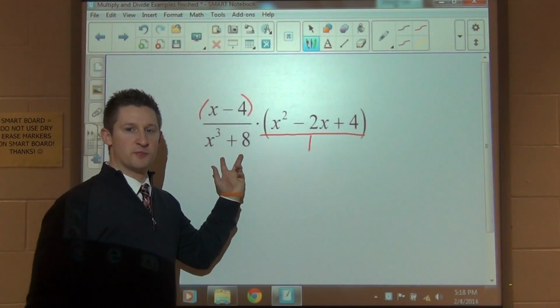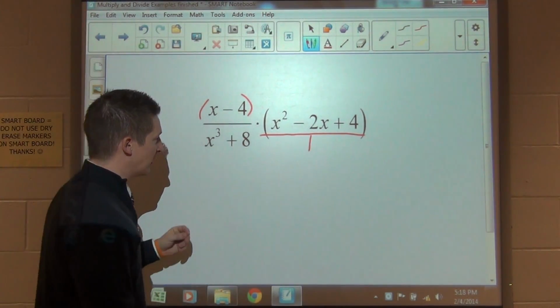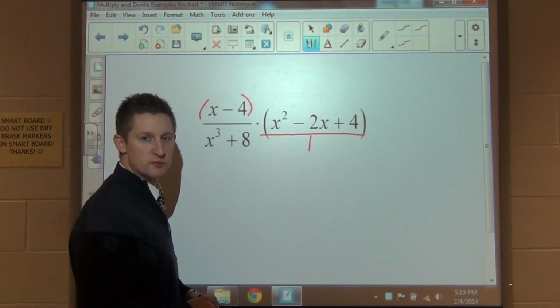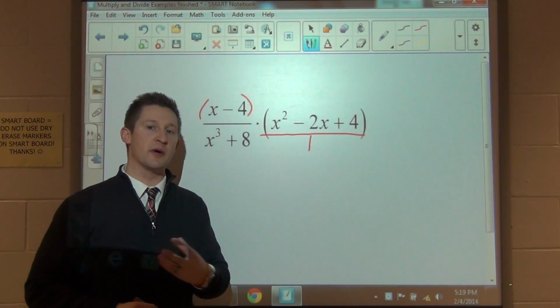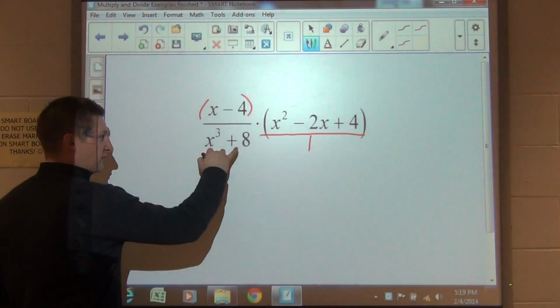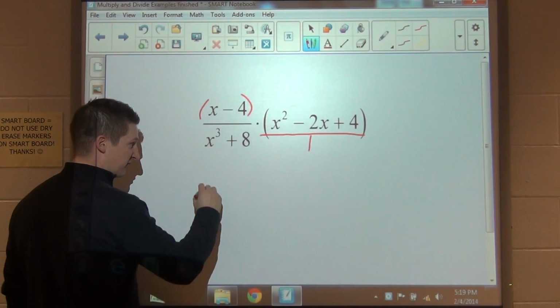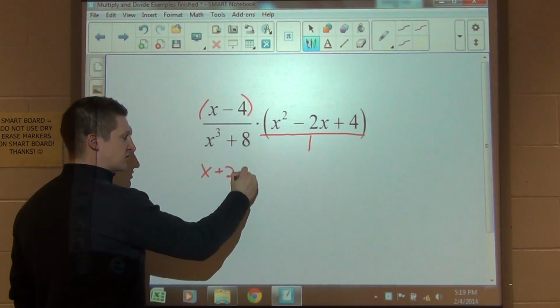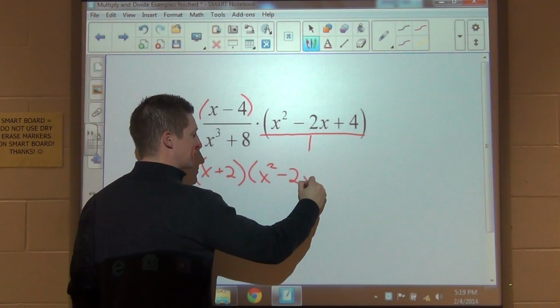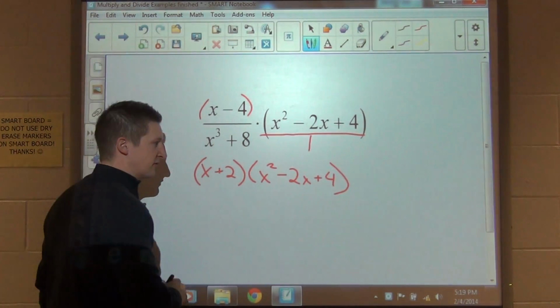But I have x cubed plus 8 for denominator. Now this can be factored using the sum of cubes factoring pattern, which you can find back in chapter 5, our study of polynomial functions. Factoring this expression will give me x plus 2 as the binomial factor, and then x squared minus 2x plus 4 as the trinomial factor.